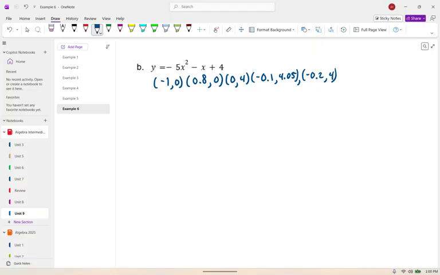Okay, so those are going to be the points that we're going to graph here on the axes. Again, we can always go back and look at Desmos to see what our graph should look like. But if this is negative 1, I'm going to have a point here at negative 1, 0. And then if this is positive 1, I'm going to have a point just on the inside of positive 1 at 0.8.